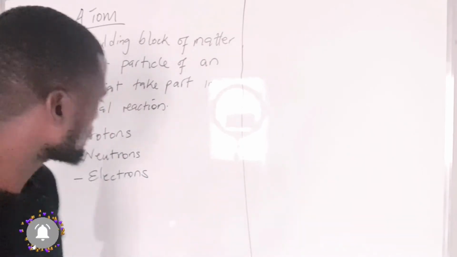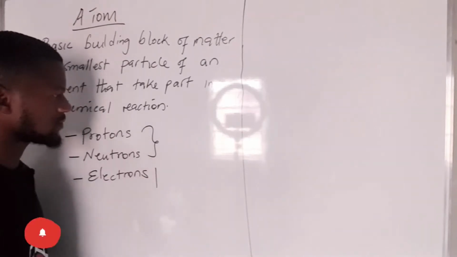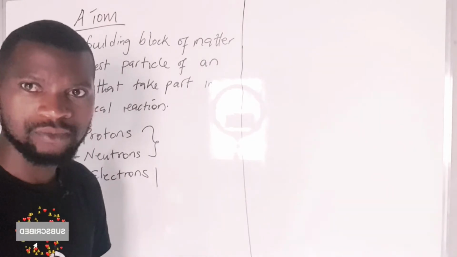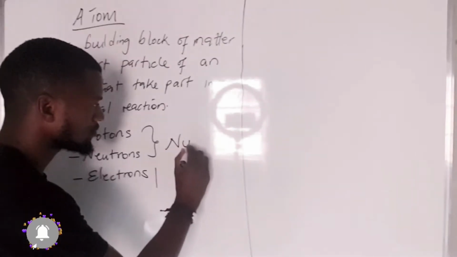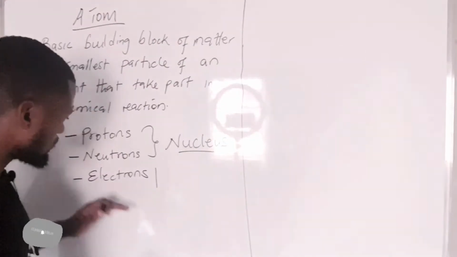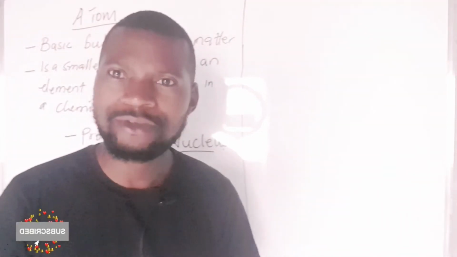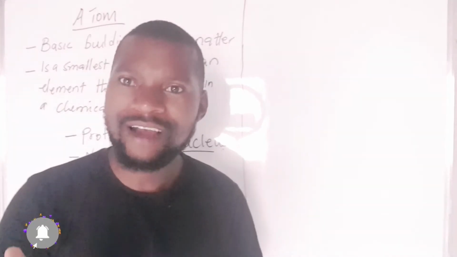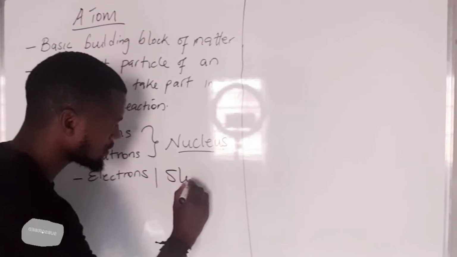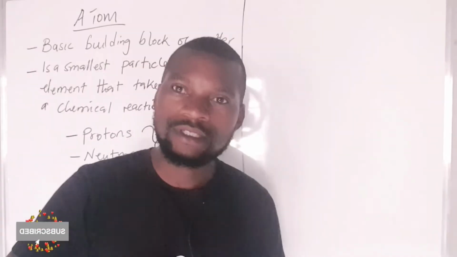The protons and the neutrons are found at the center of an atom, which we call the nucleus. Then we have the electrons. The electrons are found in the shells, or the orbitals, or the energy levels, whichever term fits for you. And these shells surround the nucleus.